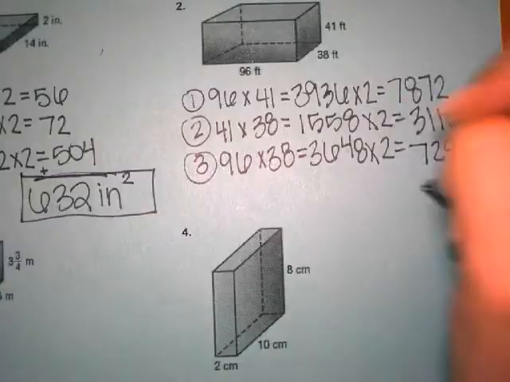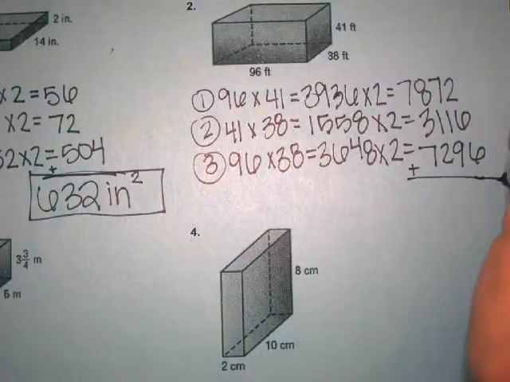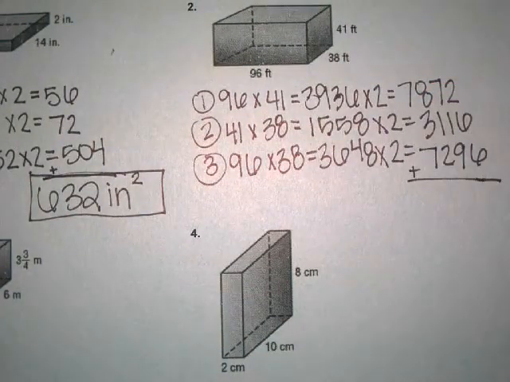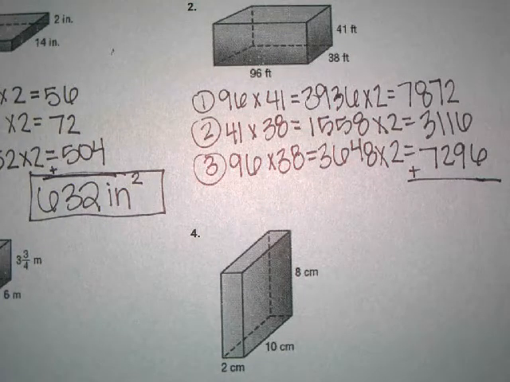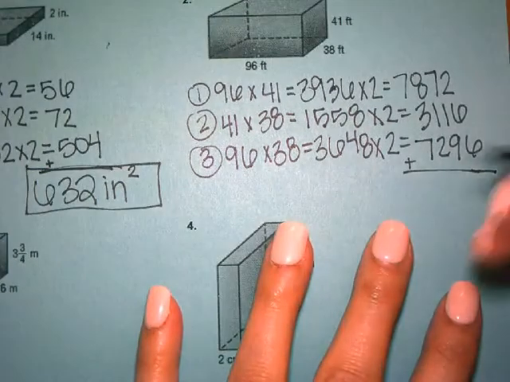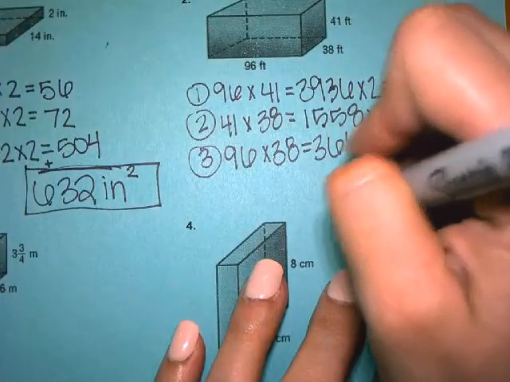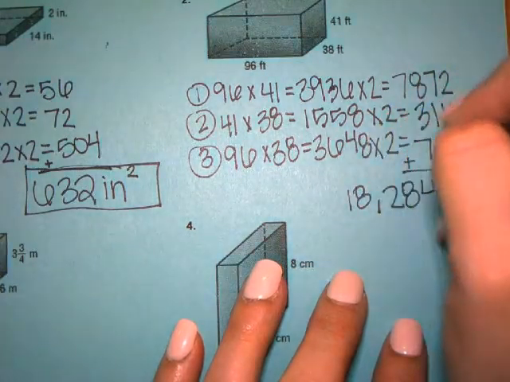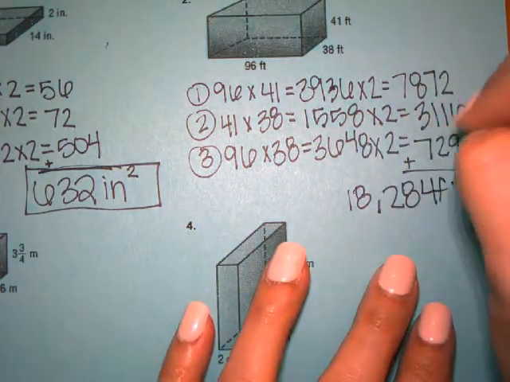And what do we do now? And what do we get, everyone? What? Feet squared.